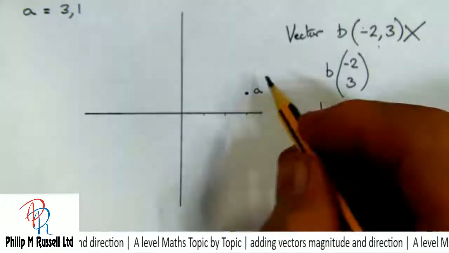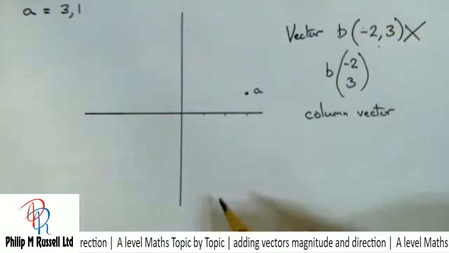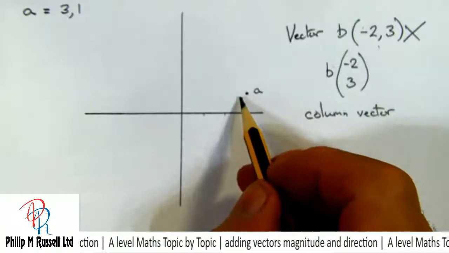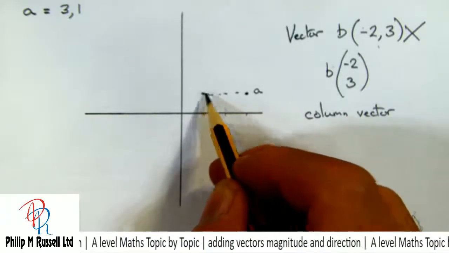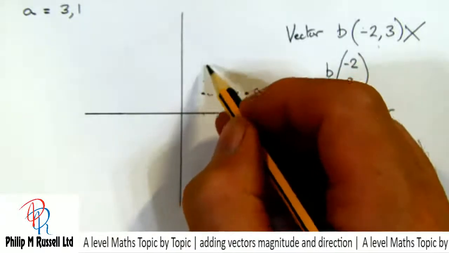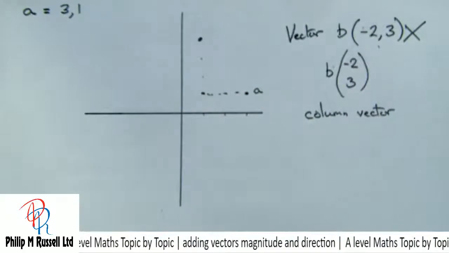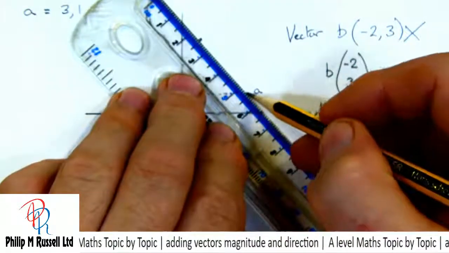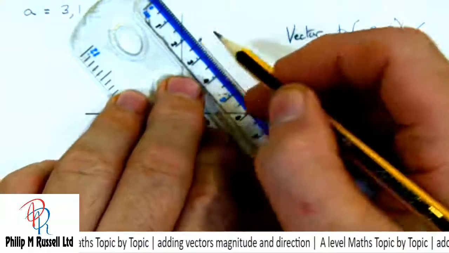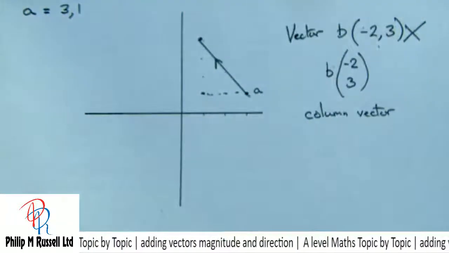It means we're going to start perhaps here, apply this vector to it, which is going to go across in this direction 2 and up 3. So that would take my starting position at this point and move it to that point.